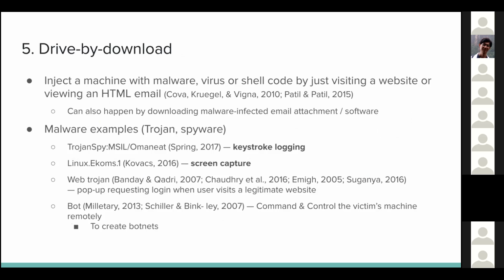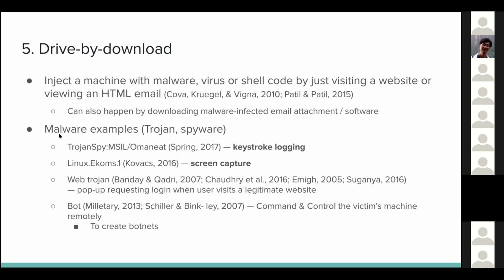The next technique for phishing attacks is drive-by download. What drive-by download means is that when I visit a website, it downloads malware onto my computer. This can also happen when you view an HTML email and the script gets executed. It can also happen when you download a malware-infected email attachment or software.